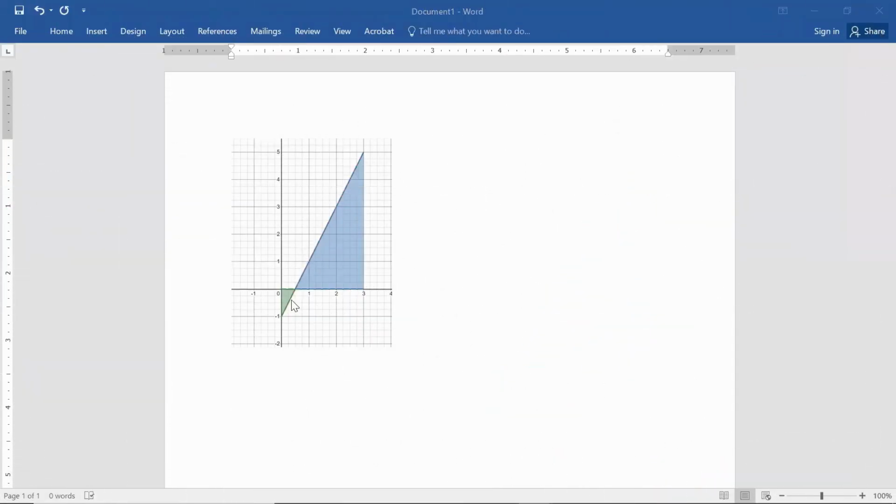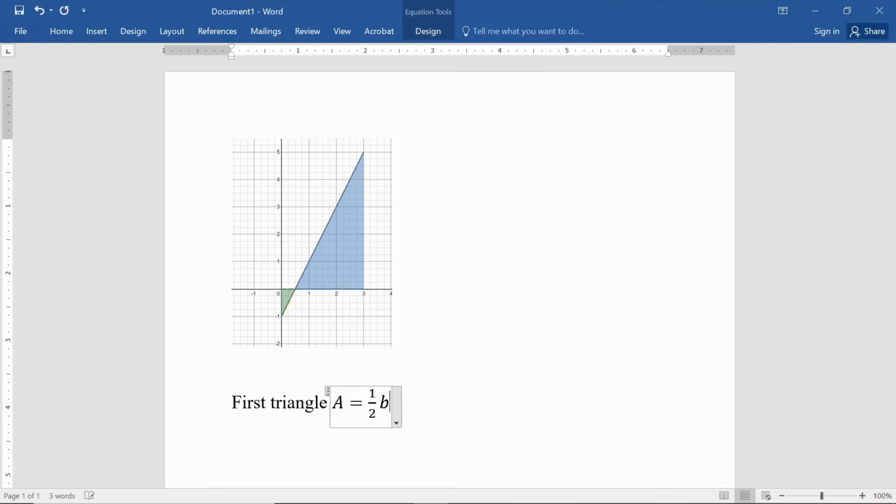In terms of which triangle we're going to call the first triangle, I will call the first triangle the one that we have in light green, the little one that is underneath the x-axis. The first triangle is going to have area of 1/2 base times height.